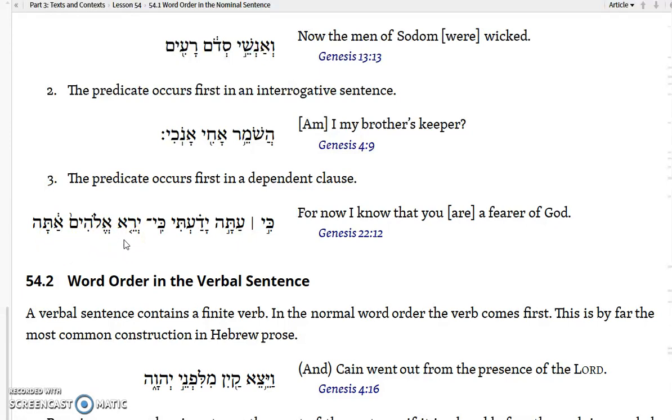Now I know that you fear God, though that's not the Hebrew word order. And it's fairly common for predicates to occur first in dependent clauses. In this case, the key clause has the sense of that, as if it were a relative clause, as opposed to the first key clause, which is explaining for.